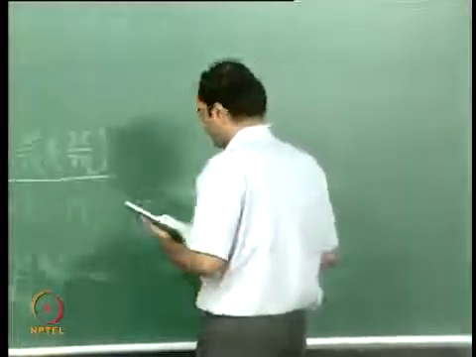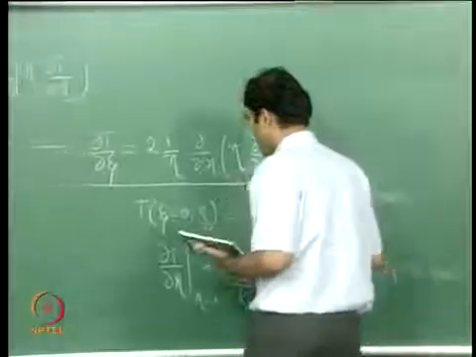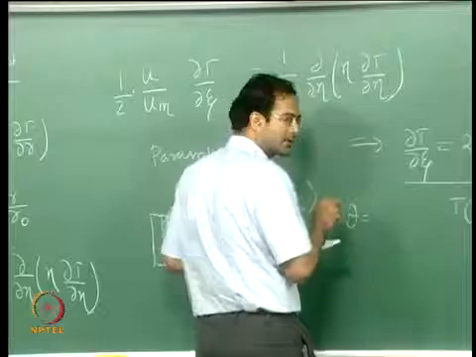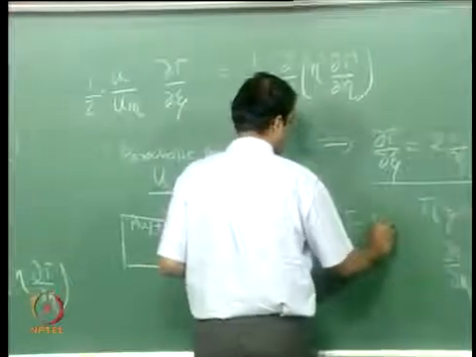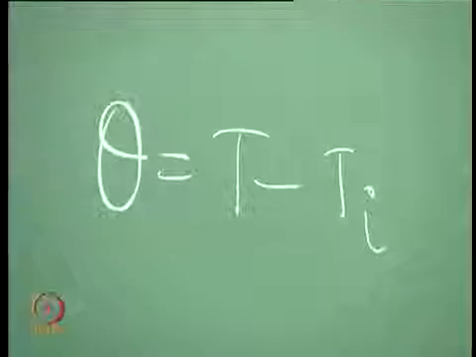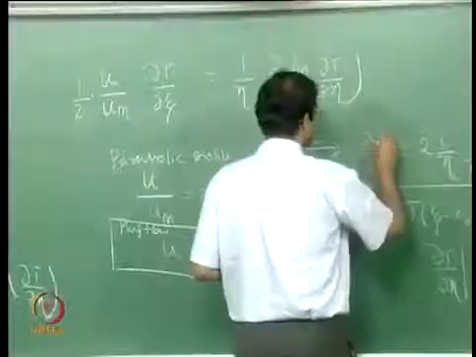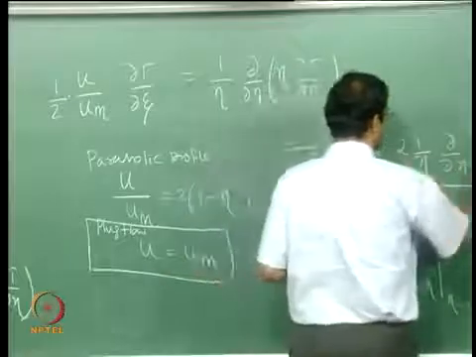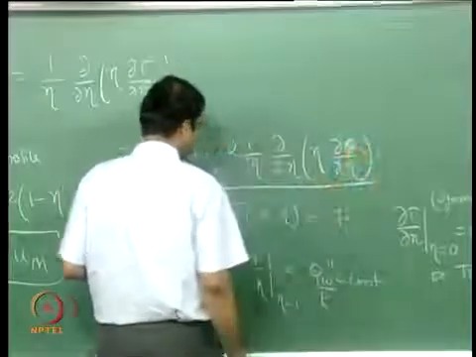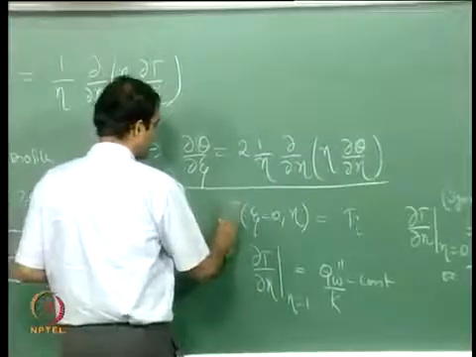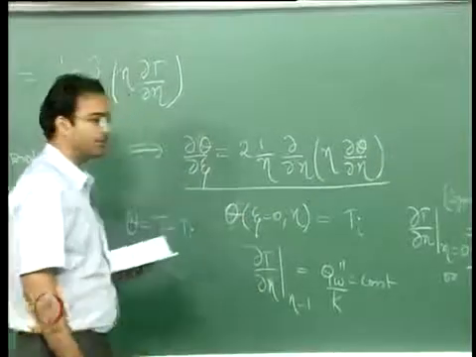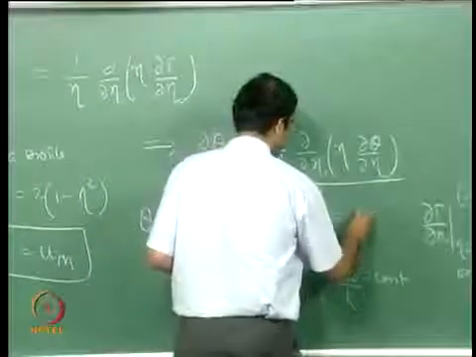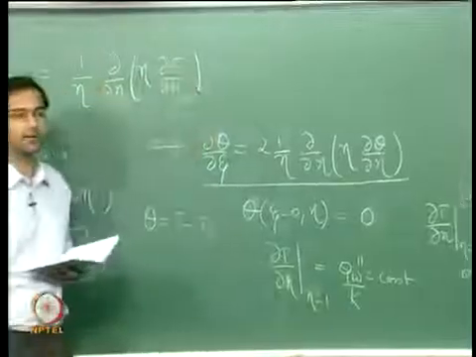So what I am going to do is introduce theta here, which is of course not non-dimensional, but I will say this as t minus ti. Since ti is a constant, that is the inlet temperature, I can replace this t with theta, and the condition becomes at zeta equal to 0, theta will be 0, since t will become ti.